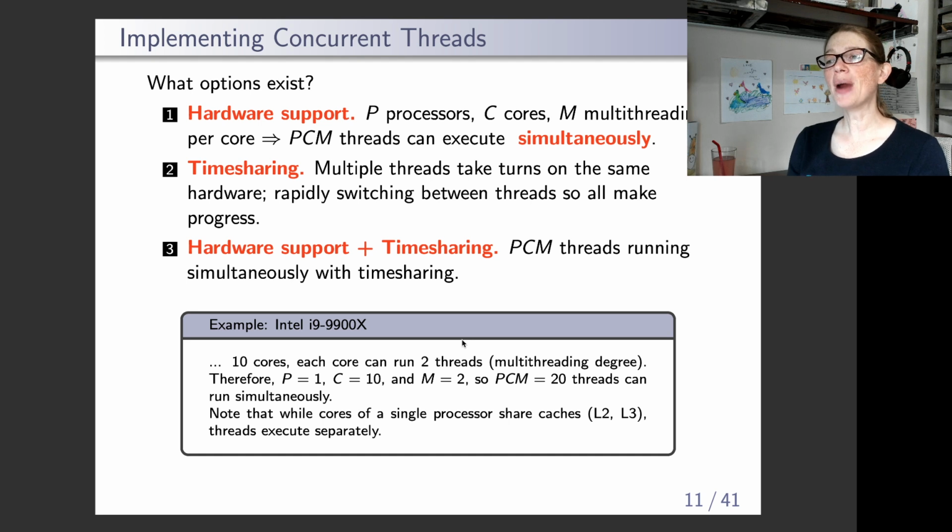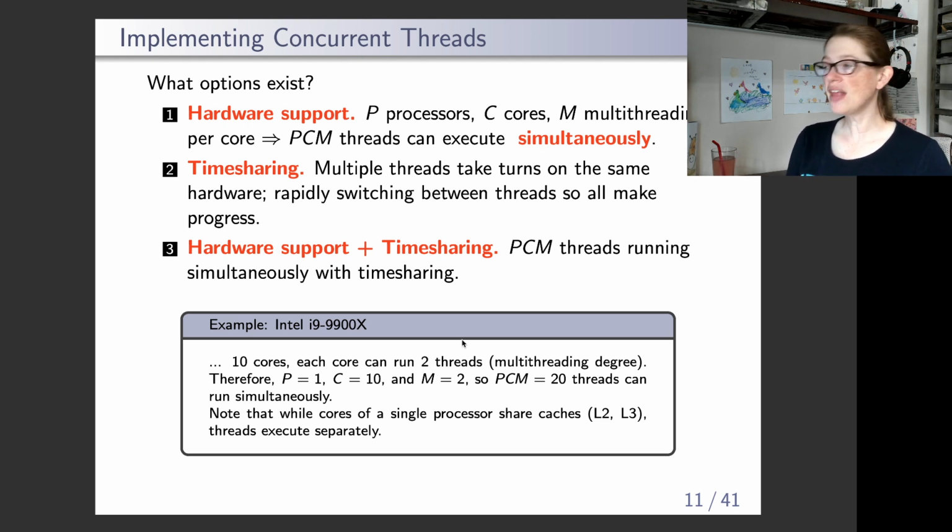That is, threads that either are truly running in parallel, executing instructions at the exact same time, or at least giving the user the illusion that those threads are running in parallel. It appears that I have 10 Chrome tabs, and it appears that they are all running at the same time, but in reality they aren't. How do you implement this? Well, there are a few different options that we have.